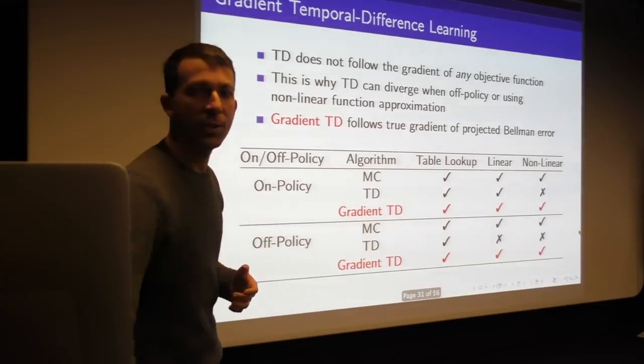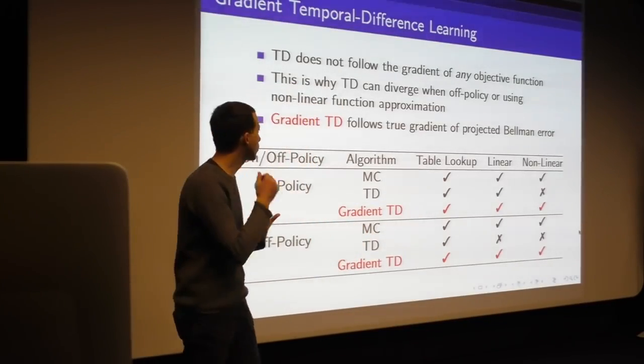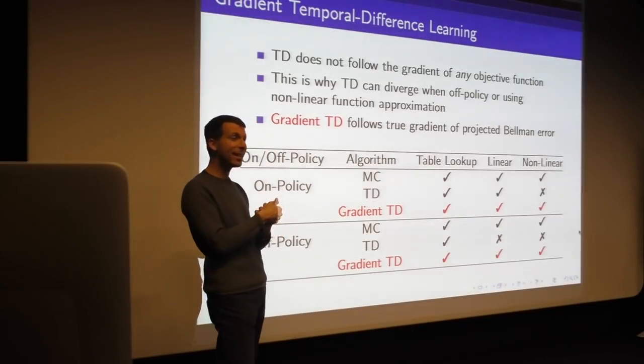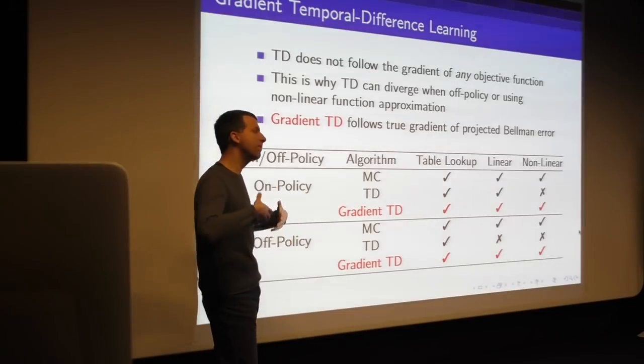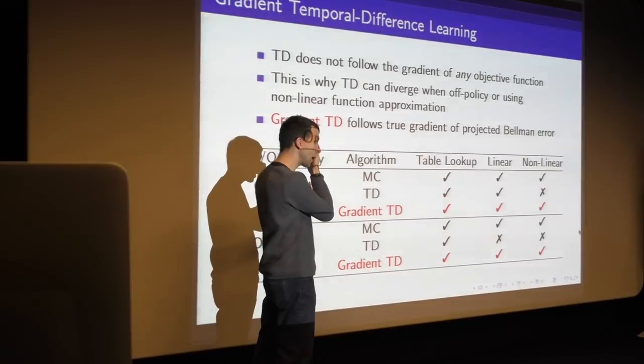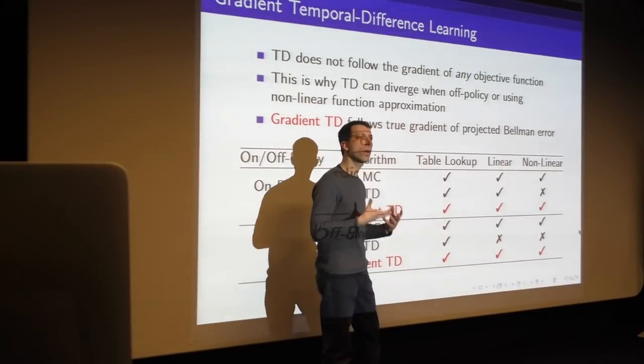I just want to mention some more recent methods, such as gradient TD. Also, in the last few months, there's another method called emphatic TD. These are methods which fix the issues that the TD algorithm has when it bootstraps. Gradient TD is a true gradient descent approach.